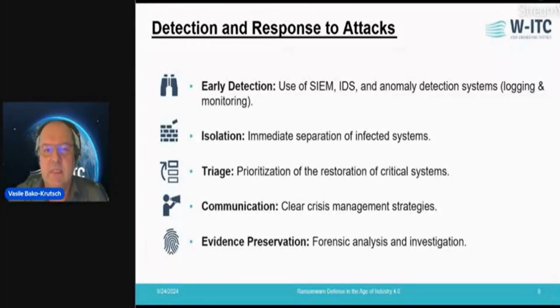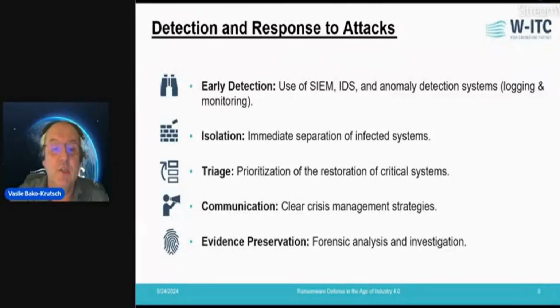Even the best prevention measure cannot guarantee that a ransomware attack will be completely prevented. This is the same as saying that 100% security does not exist. You need to take into account that a remaining risk is each and every time there. So it is important to be well prepared for detection and response.